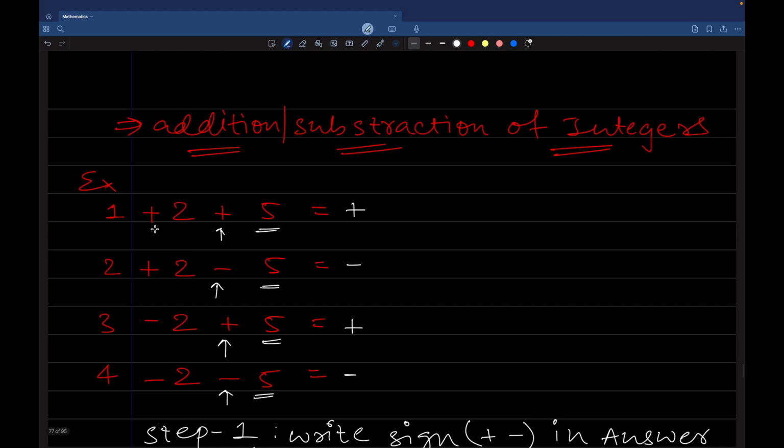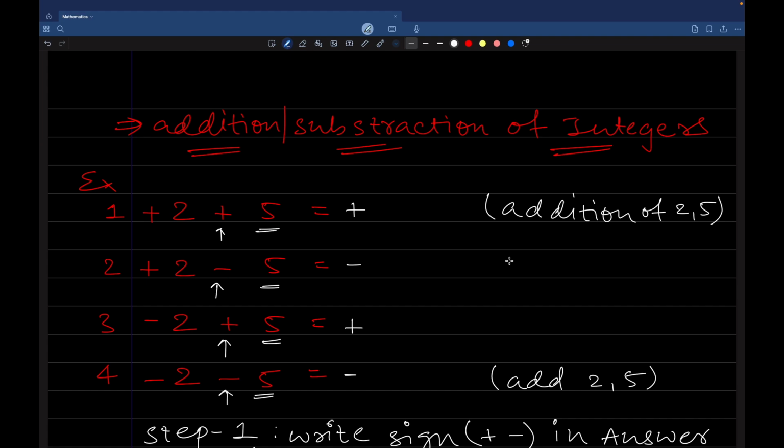So in the first case both the signs are positive, so perform addition of 2 and 5. In the last case both the signs are negative, so add 2, 5.